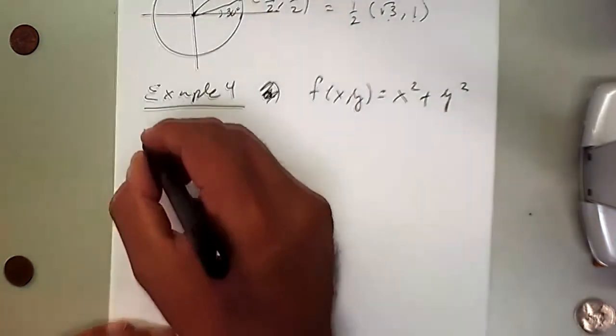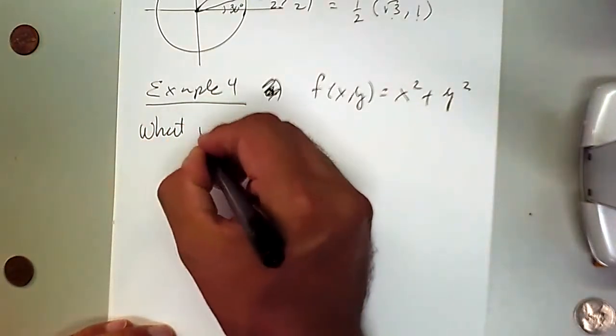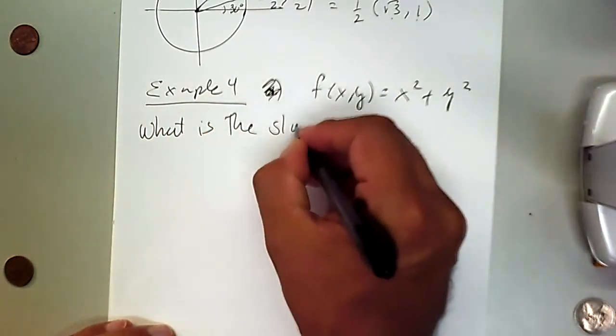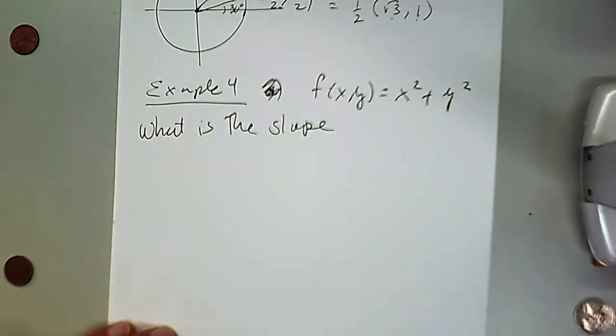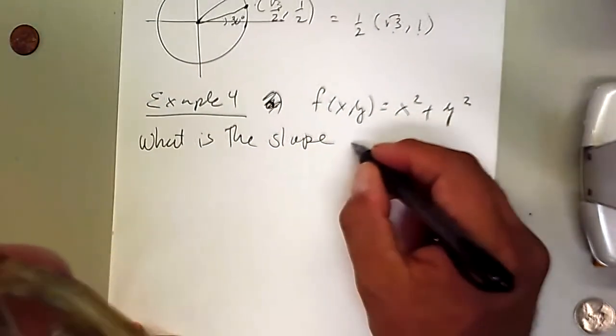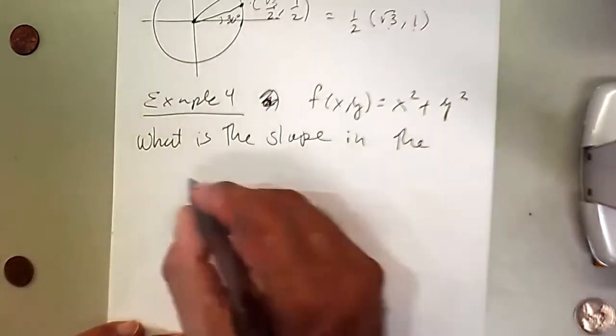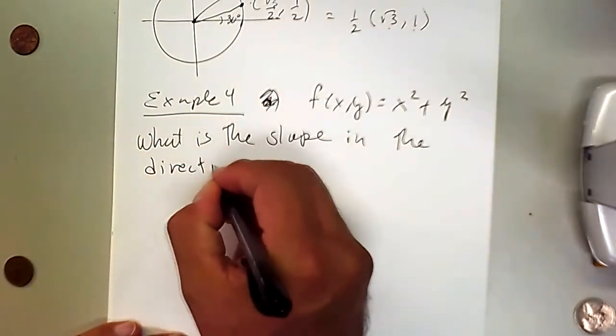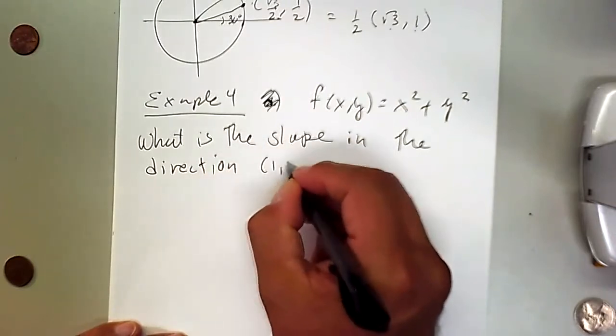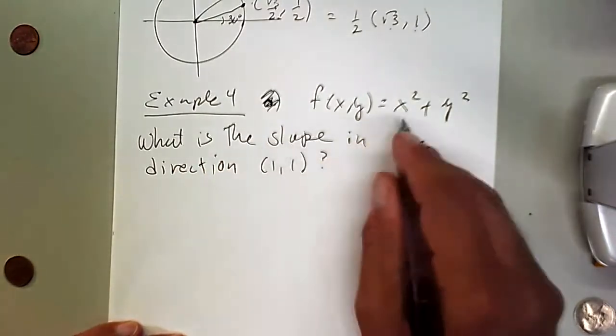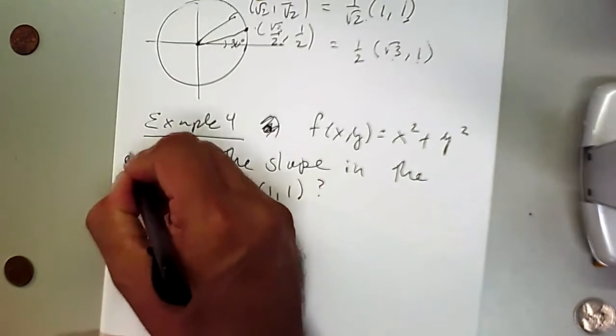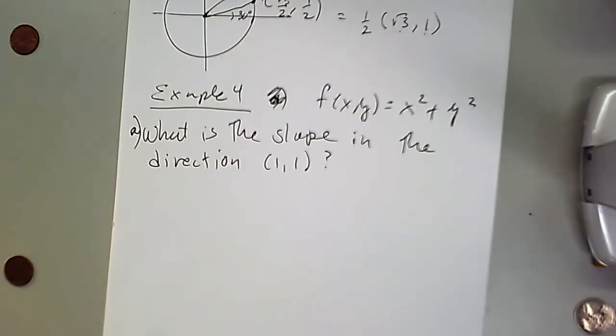What is the slope in the direction 1, 1? In the direction 1, 1. What is the slope of that surface in that direction? This is going to be labeled A. Oh, there's more. I have to say more.